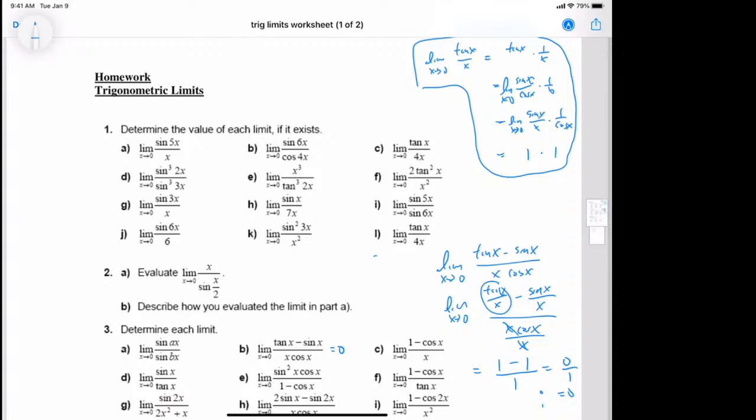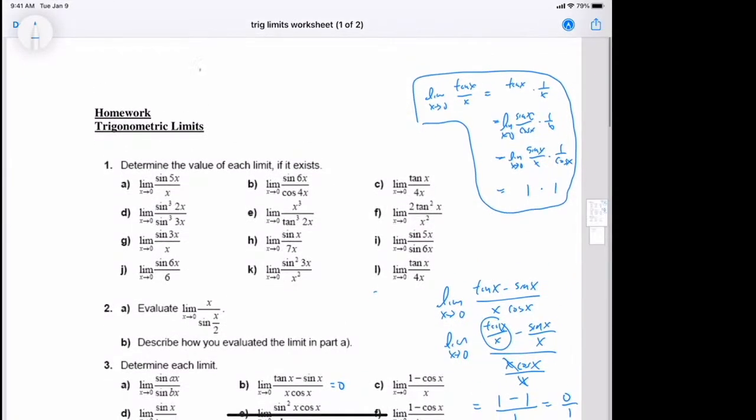And I think this worksheet can help you review all the identities because a lot of identities help. So remember the two basic trig limits: the limit as x approaches 0 of sine of x over x is equal to 1. And this one is going to become your best friend because if you know this one, it will help you out a lot.